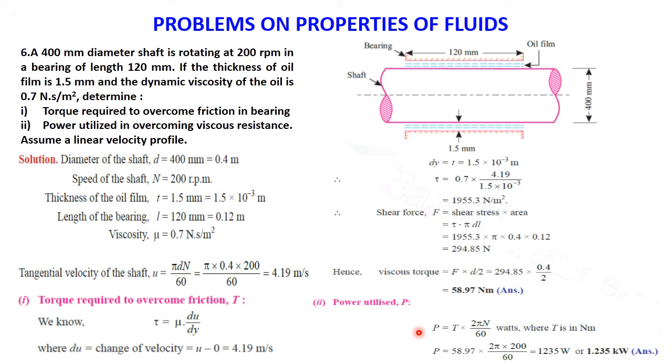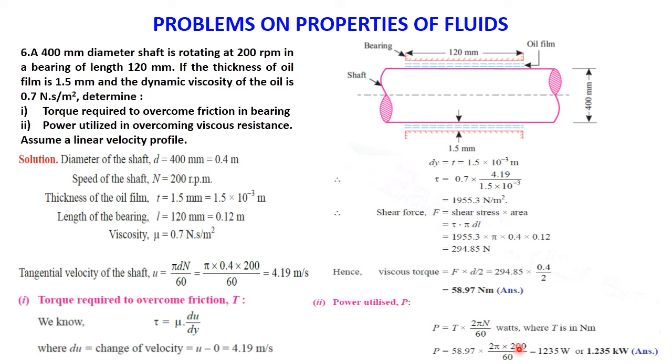And the last one is power utilized, that is P. We know that 2 pi N T divided by 60 is the value of power. So here we are using the same formula, 2 pi N T divided by 60. The answer will be in watts, where T will be in Newton meter.